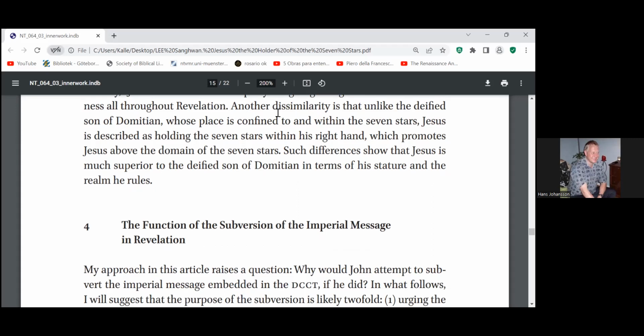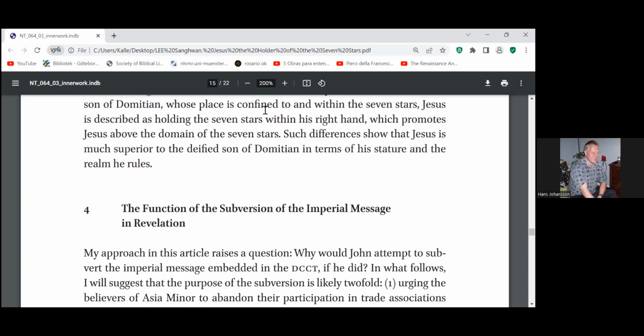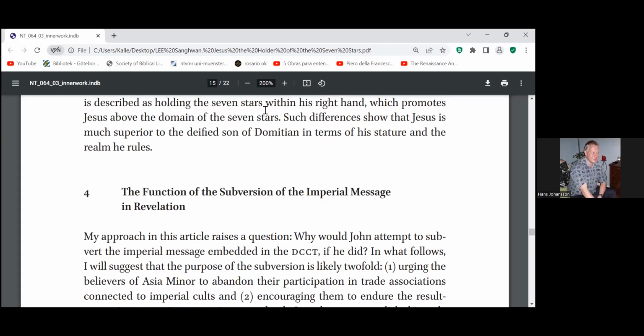Another dissimilarity is that, unlike the deified son of Domitian, whose place is confined to and within the 7 stars, Jesus is described as holding the 7 stars within his right hand, which promotes Jesus above the domain of the 7 stars.